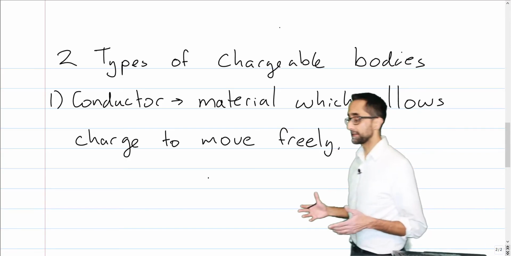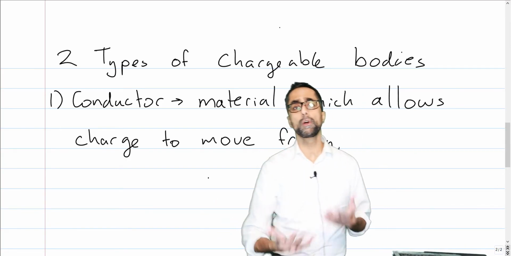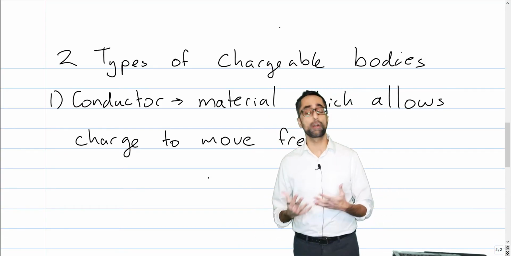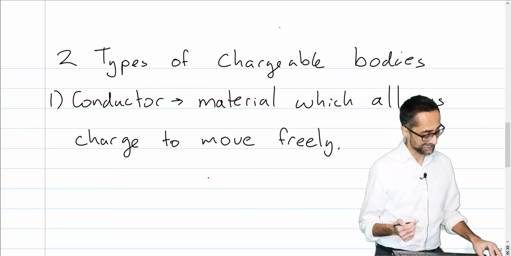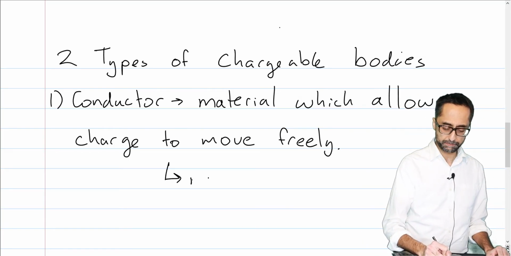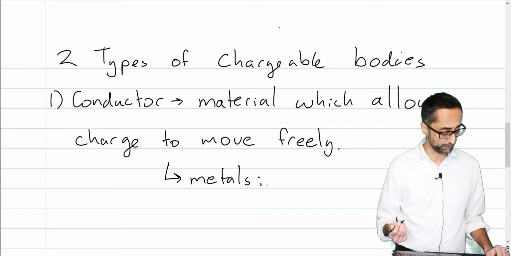And I mentioned that that's the kind of thing we'd like to do in wires, and you and I both know that wires are made out of metal. And so it turns out that metals are quite good at conducting charged particles. Now, it's a specific type of charged particle that moves around freely.